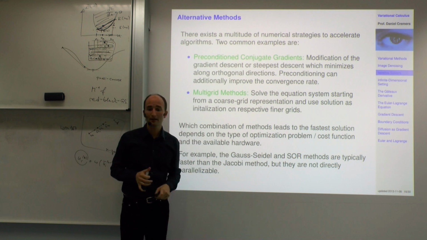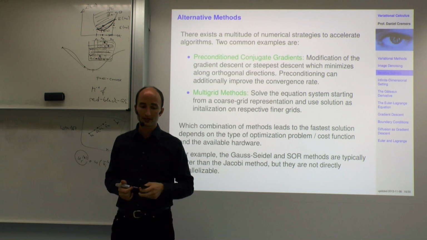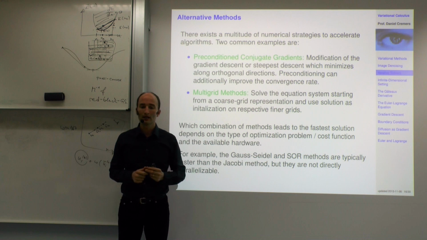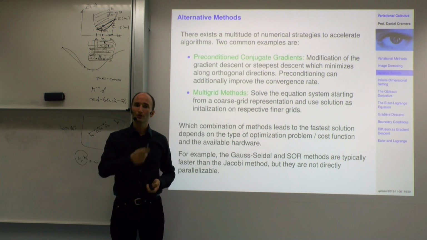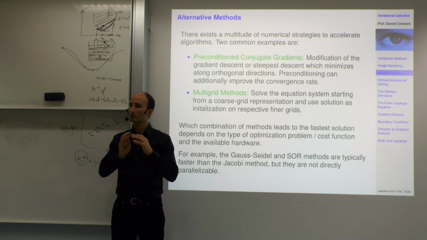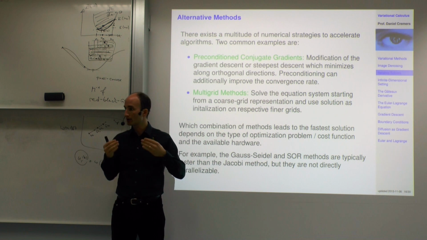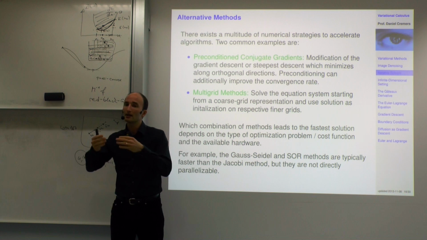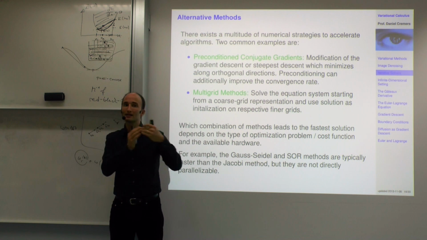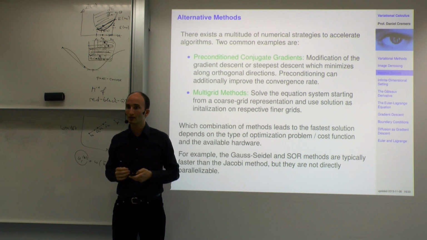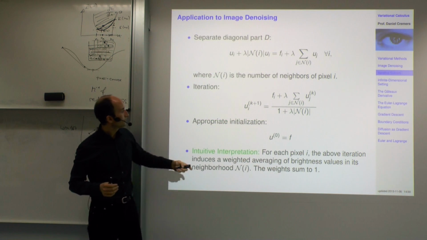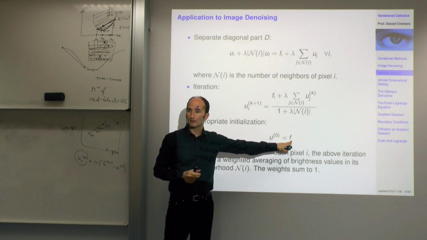There are multigrid methods for certain denoising problems. It turns out multigrid is useful. The idea is that you don't solve the original denoising problem on a very fine pixel grid, but you solve the same problem on a coarse grid, and then use the coarse solution as initialization for your finer solution. Here we initialized with the input image.